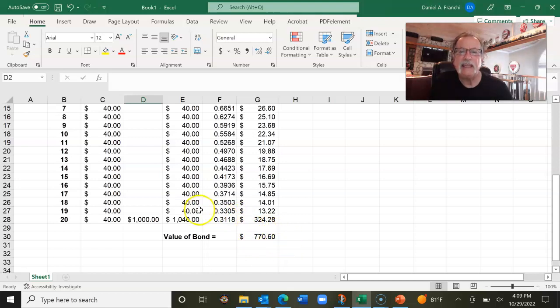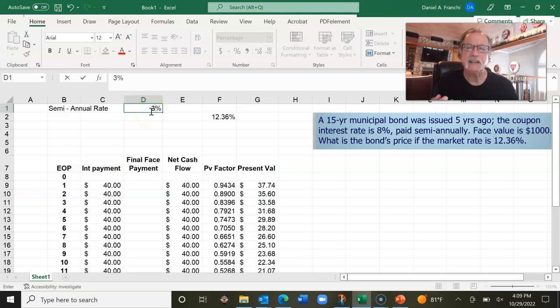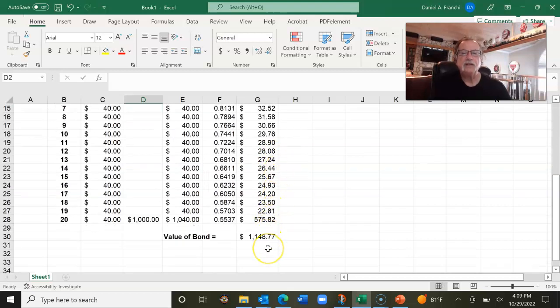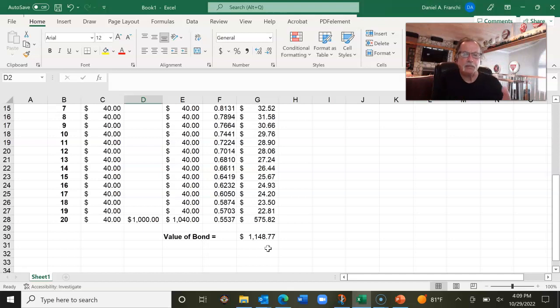If interest rates go down, so we're at 4% every 6 months, let's say they went to 3%. We are receiving payments based on a 4% semi-annual rate, but the rates have dropped to 3%. The bond is more valuable. It's worth more than $1,000. So bond pricing is counterintuitive. Rates go up, the price goes down. Rates go down, the price goes up.